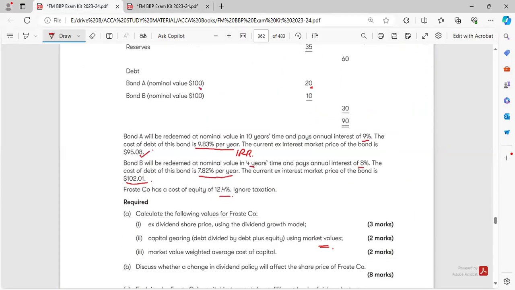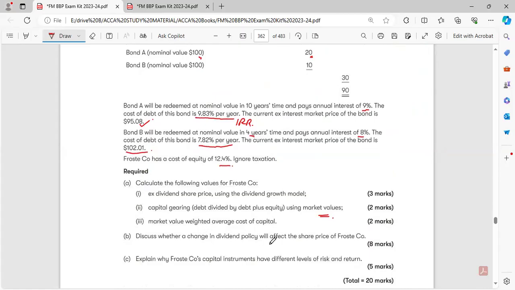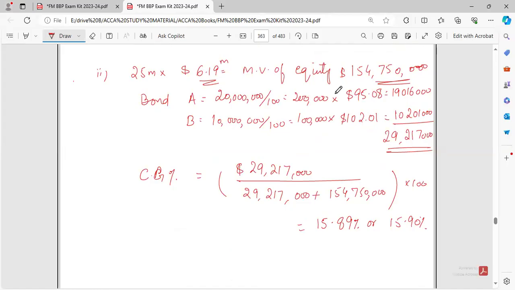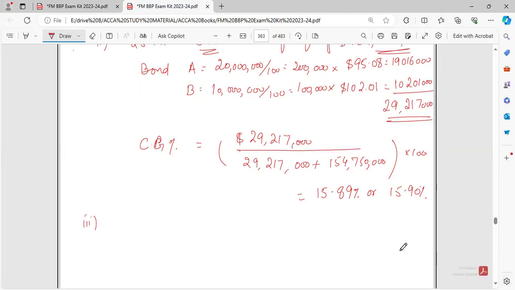Third one is market value weighted average cost of capital. Now we have market values and we are provided with the cost of equity and cost of debt, everything. We can do what? We can convert these market values into proportions first.